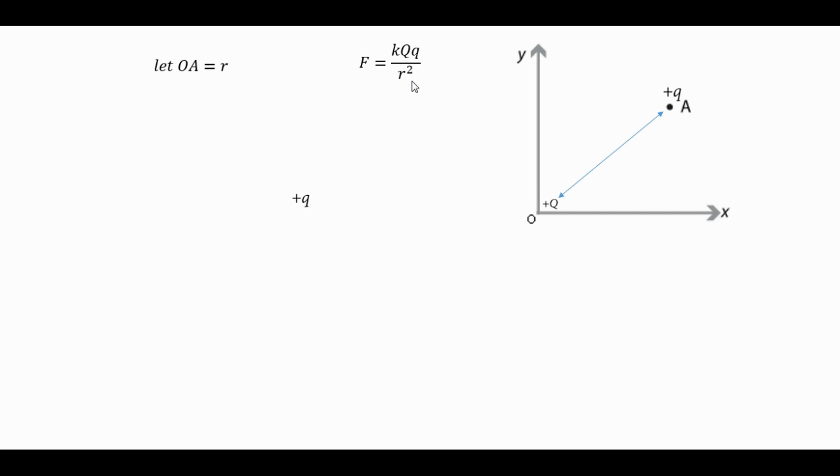As we know, according to Coulomb's law, the force between the two charges, which can be of attraction or repulsion, varies as the inverse of the square of the distance between them. Now here we have the value of k, 1 upon 4 pi epsilon naught, and after putting this value we will get Coulomb's law in its complete form.